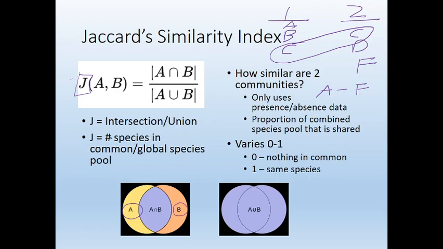What does that mean? It's the number of species in common. In this Venn diagram, the numerator is looking right here, and the denominator is basically this whole part. So in this case, it would be A through F.